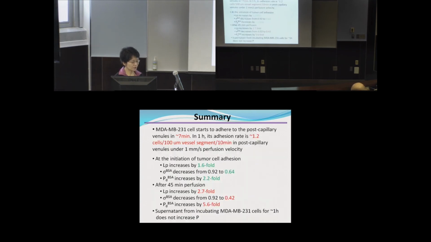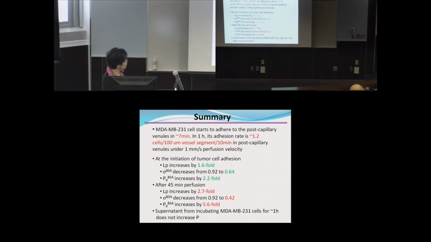Okay, so here I gave you the summary for the experiments. First, the initiation time for this type of tumor cell in post-capillary venule is about 7 minutes, and then it's a linear increase, and the accumulation or adhesion rate is 1.2 cells per 100 micron vessel segment in 10 minutes under the mean blood flow velocity in this type of vessel.